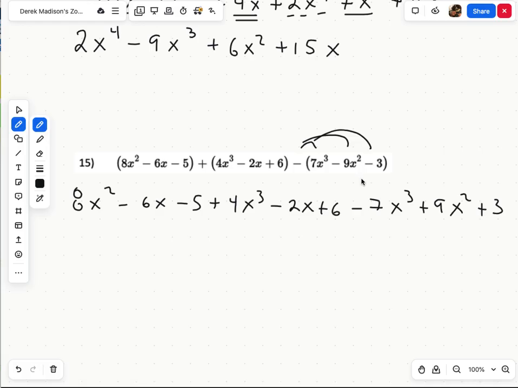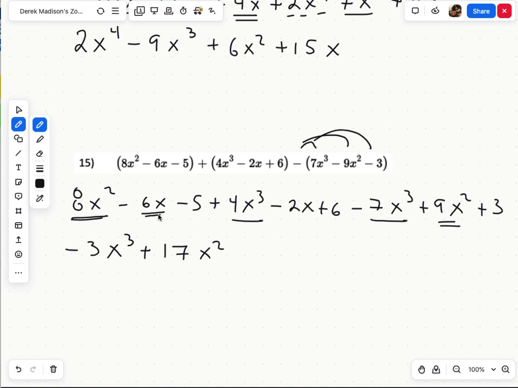And so it looks like our highest power is cubes, so we got a cube there and a cube there. So 4 minus 7 would leave me minus 3x cubed. And then squareds, I got one here and right there. So 8x squared plus 9x squared, so that'll be plus 17x squared.